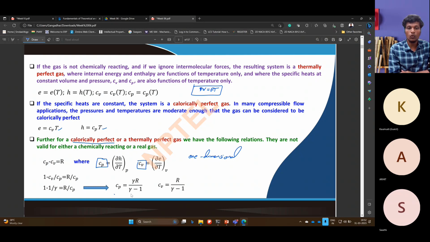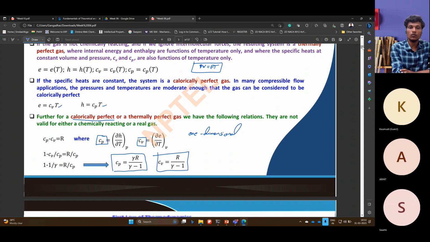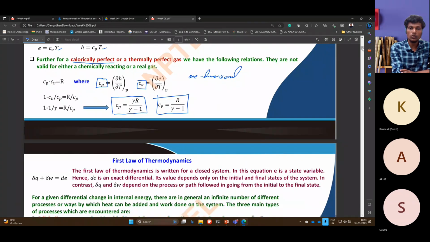Very important formulations are Cp equals gamma R by gamma minus 1, and Cv also related to the specific heat ratio and the characteristic gas constant. We always need to keep these in mind while solving the questions.